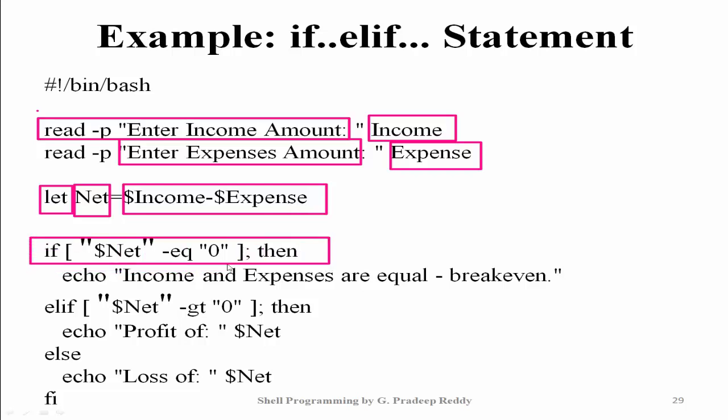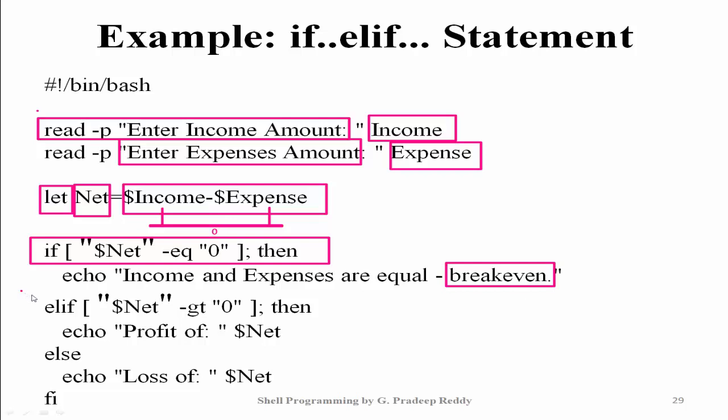If net is equal to 0, then income and expenses are equal and it is break even. It means the income is the same and expense is also the same. So both are 0. So then it is break even.